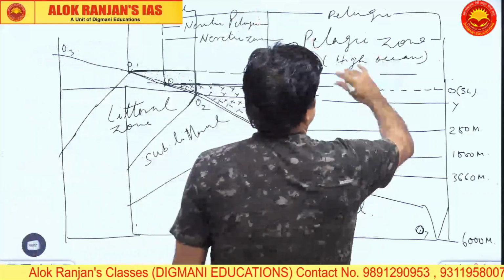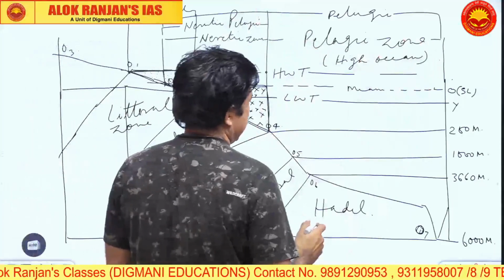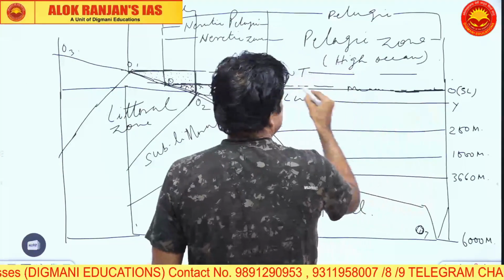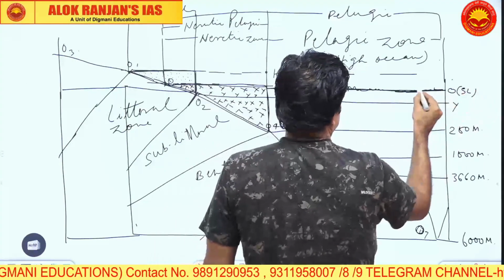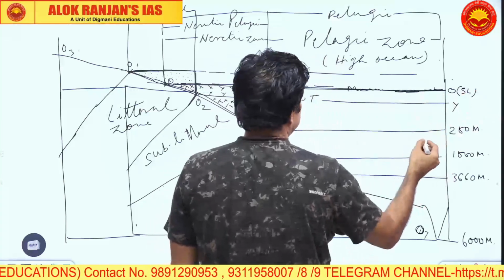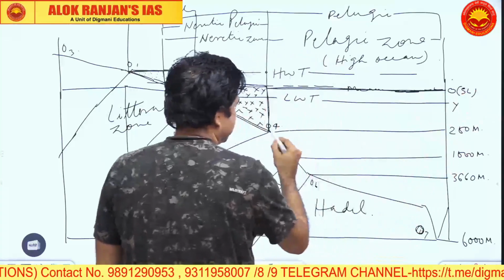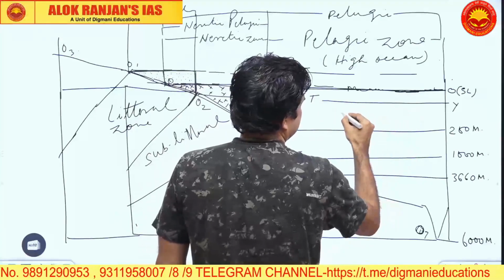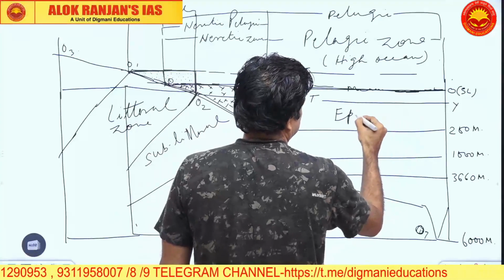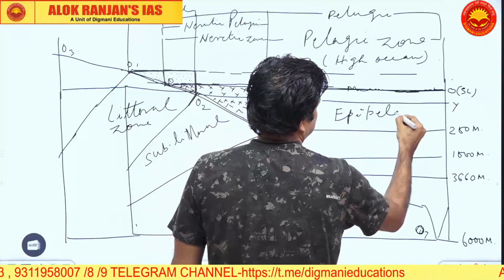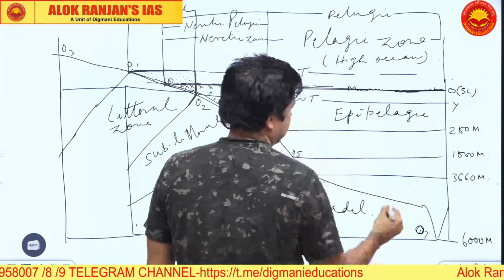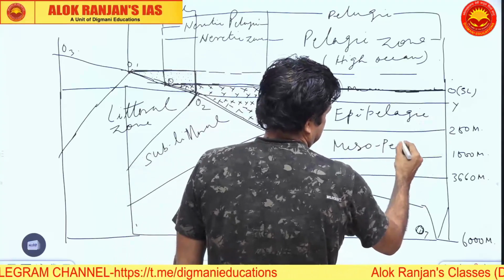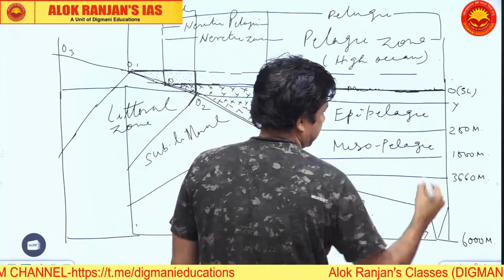Now in pelagic, this is your sea level. I have taken this as the mean sea level. Now sea level to the 200 meter depth will be called epipelagic. Epipelagic. 200 to 1000 is called mesopelagic.